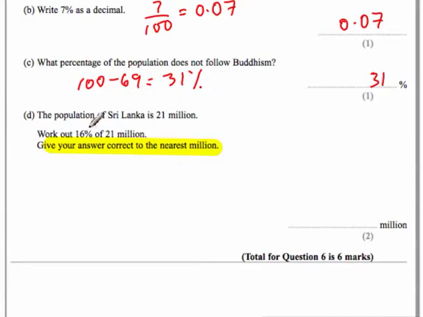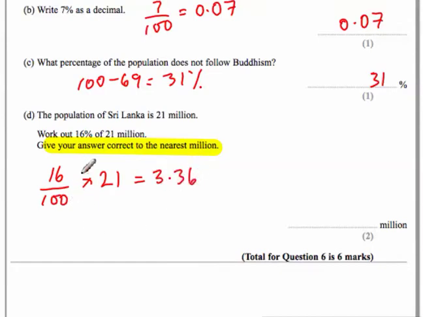Let's think of it as a fraction. 16% is 16 out of 100, isn't it? So if we write that, 16 out of 100, then we times that by 21. That would be one way of doing it. And what do we get there? I get 3.36.